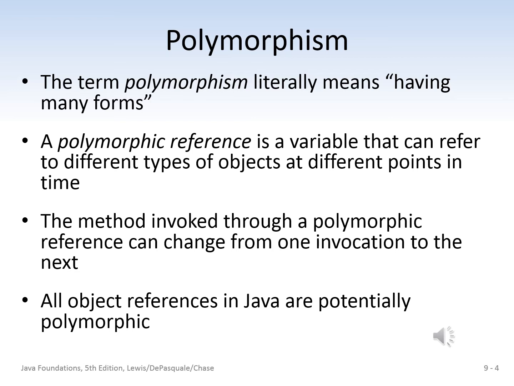So the method invoked through a polymorphic reference is able to change from one invocation to the next. In Java, all object reference variables have the potential to be polymorphic.